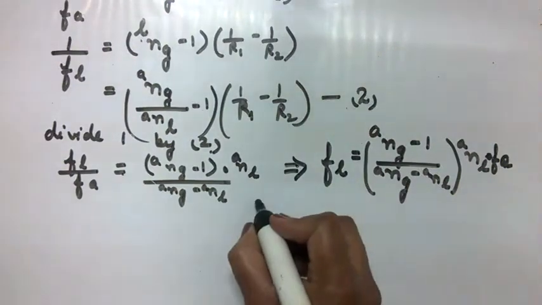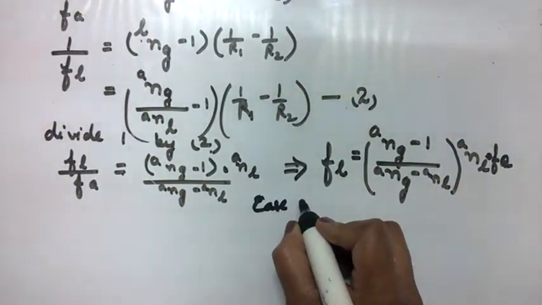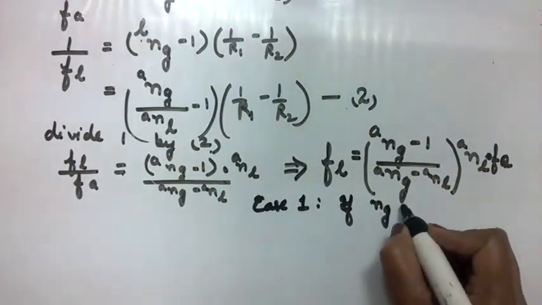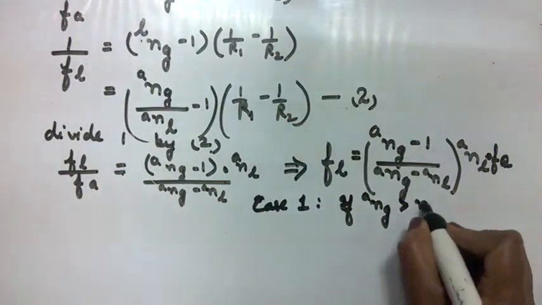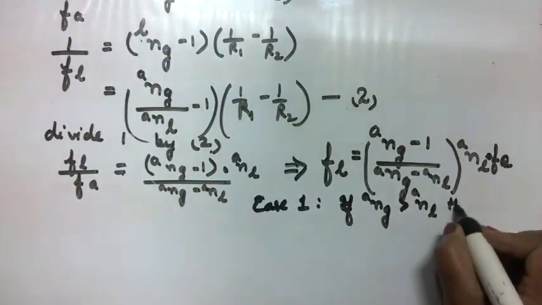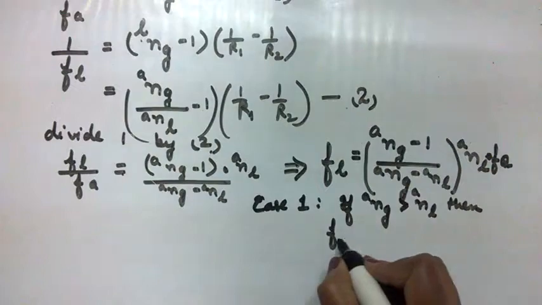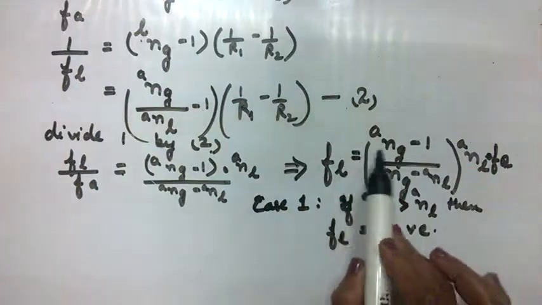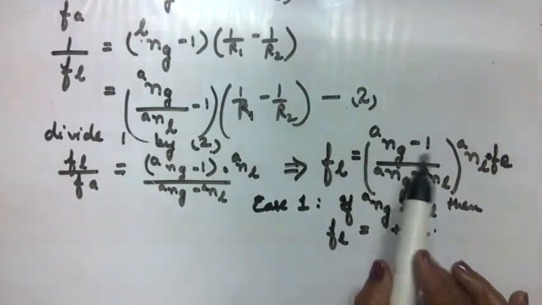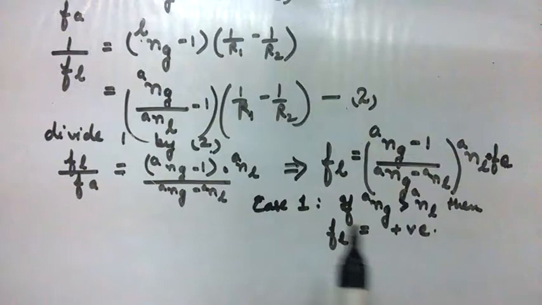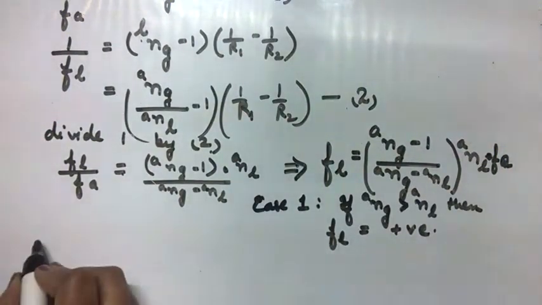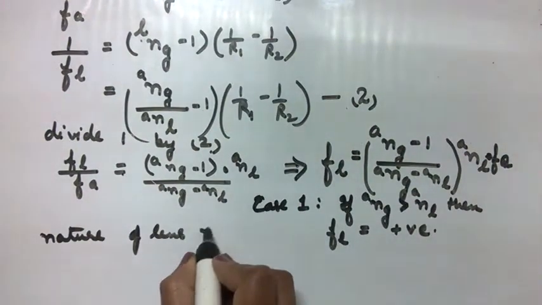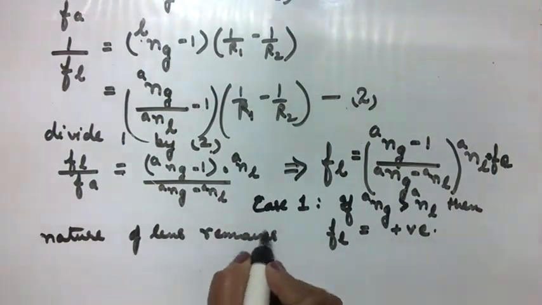So write case number 1: if the refractive index of glass is more than the refractive index of liquid, then Fl is positive, and thus it will not change the nature of the lens, and it will remain the same when immersed in a liquid. Therefore, the nature of the lens will not change. Remains same.